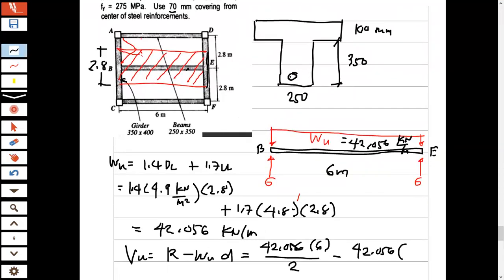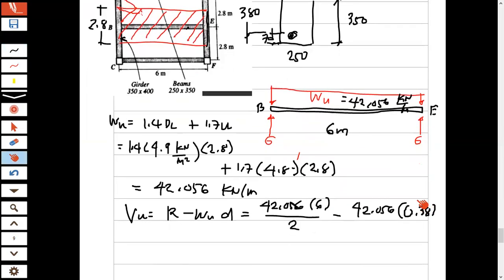Sabi dito na mayroon siyang cover na 70. Okay? This is 70. Effective depth will be from here. If this is 350, the total is 450. Less 70, that becomes 380. So multiply here by 0.38, your effective depth.